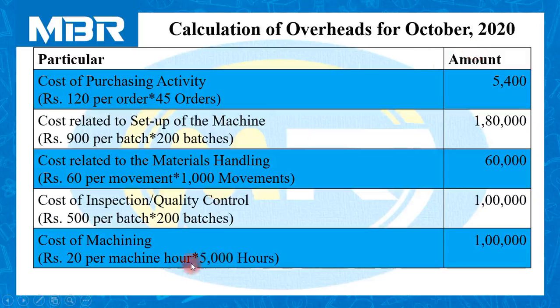So 5,000 hours multiplied by rupees 20 per hour is equal to rupees 1 lakh.